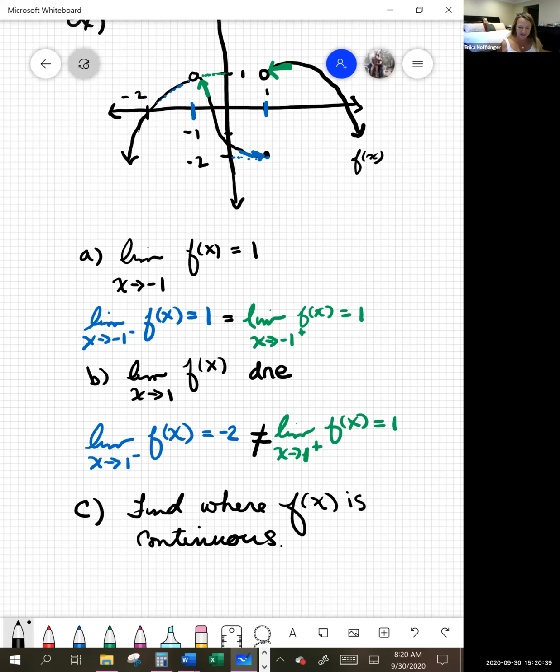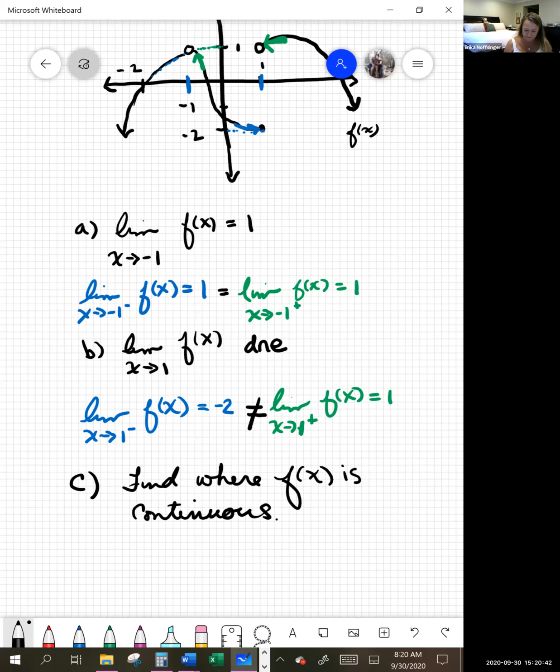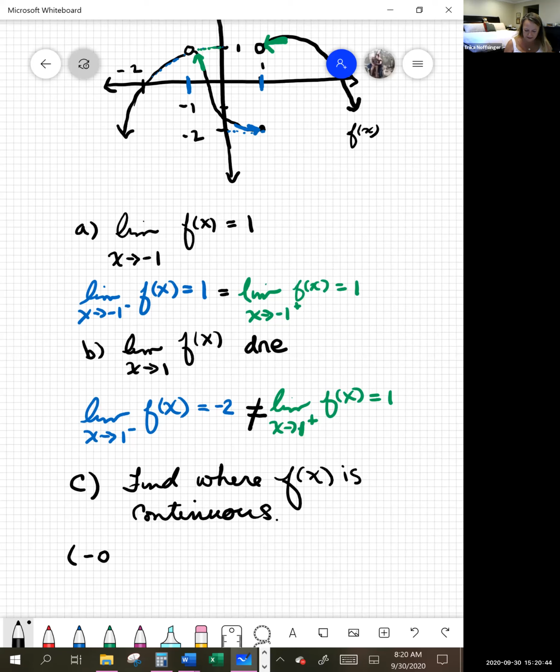And so it's continuous everywhere from -infinity all the way till we hit -1, but not include it. So put parentheses there. Union, we're hitting all the values between -1 and 1. And then union, everything from 1 to infinity.